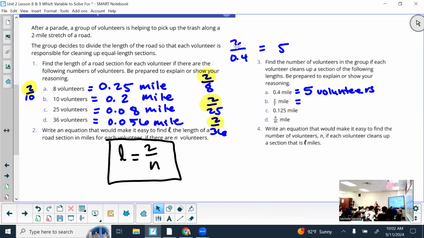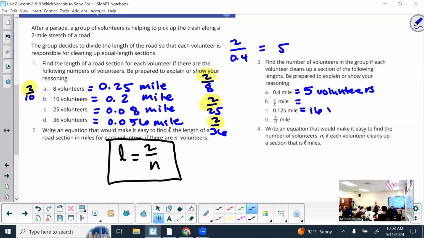If each person ends up cleaning 2/7 of a mile, how many people were there? Alright, that's one you guys have, so I'll come back to you. Table 8, if each person is cleaning up 0.125 of a mile, how many volunteers were there?